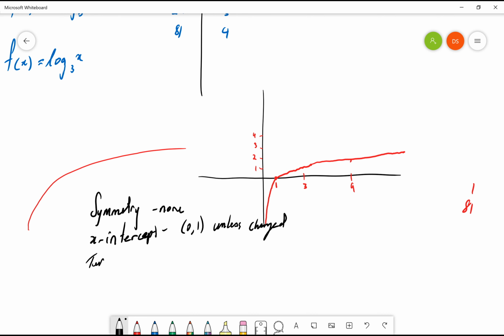Turning points, none. And the domain and the range, once again, they're not a graph property, but they're a function property. So where you want to use the domain and range is what's really important. Okay, so if I only wanted this part here, between here and here, I'd say my domain is from 3 to 9 and my range is from 1 to 2.